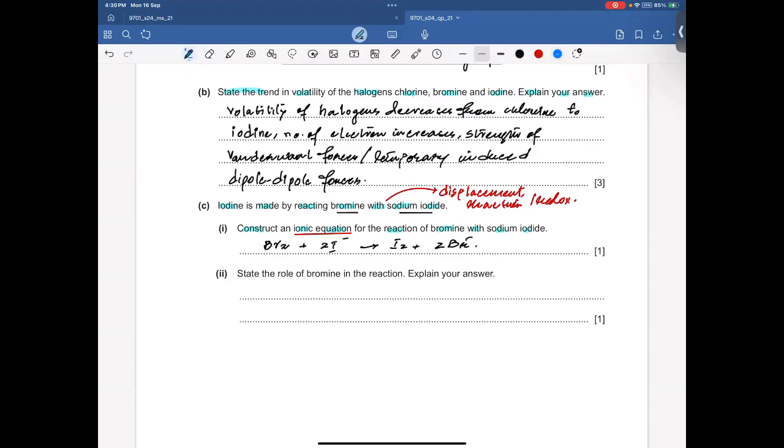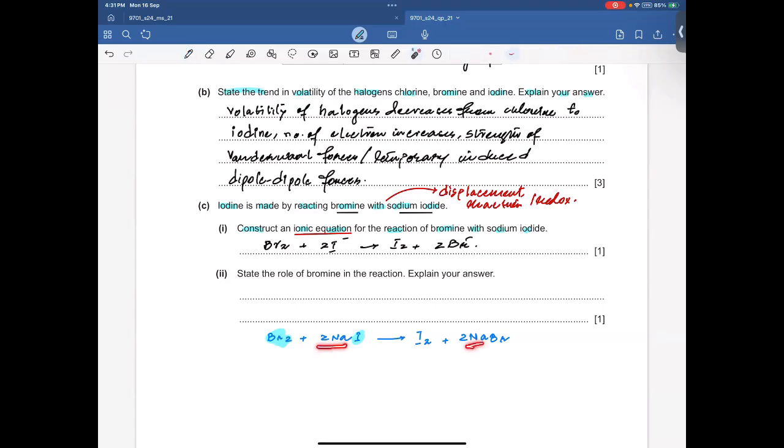Let me clear one more thing. See, this is bromine, and see, this is NaI, that is sodium iodide. Now this bromine reacts with iodide and displaces it in the form of iodine, while sodium and bromine react together, converting into sodium bromide. How many bromine here? 2. So we need to balance 2 bromine. How many sodium here? 2, right?